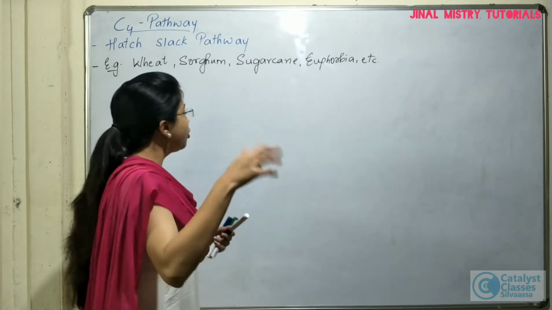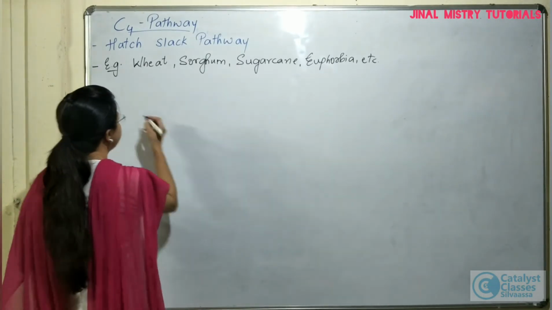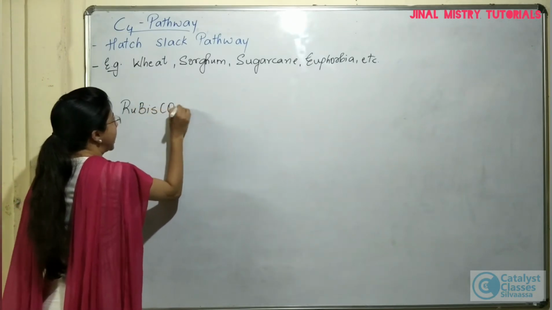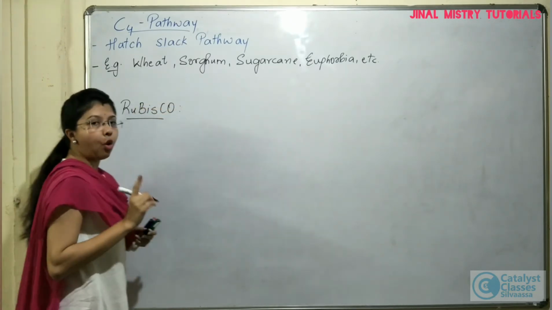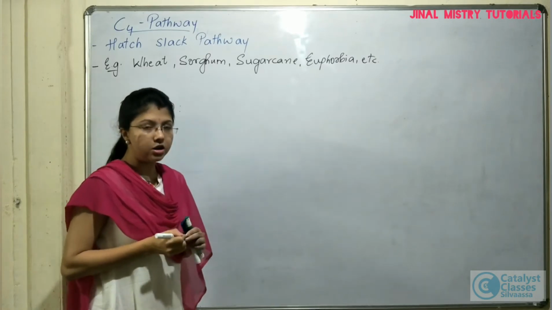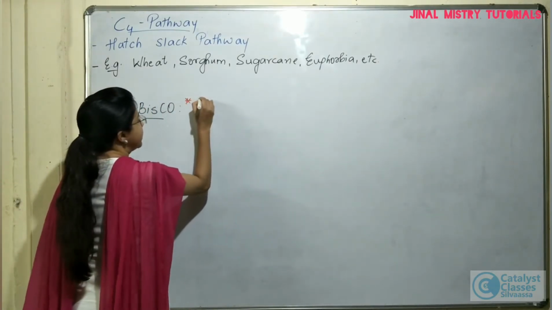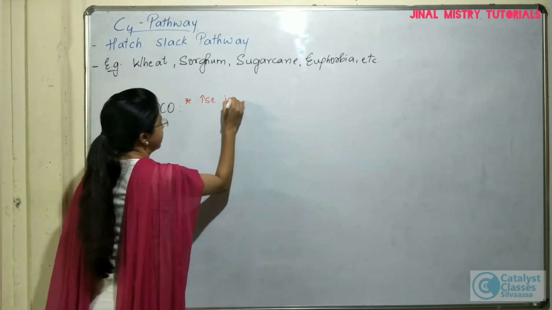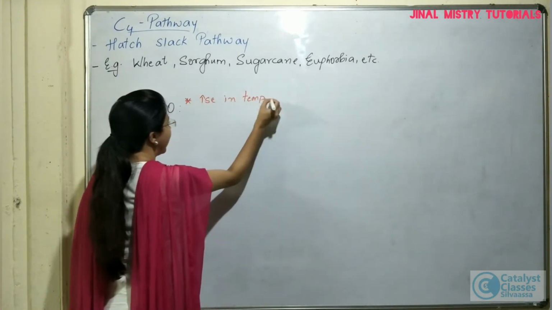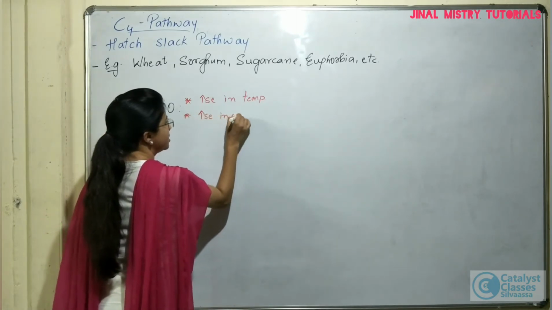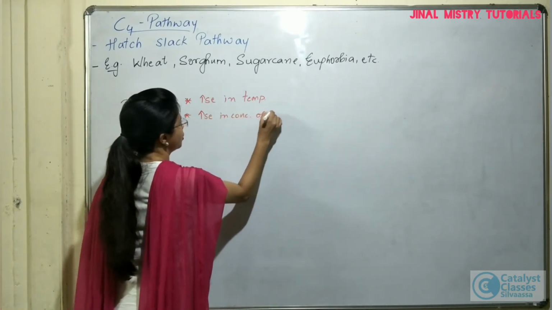If we go to a quick revision, we know that rubisco was behaving as an oxygenase enzyme under two conditions: if there is an increase in temperature and an increase in the concentration of oxygen.